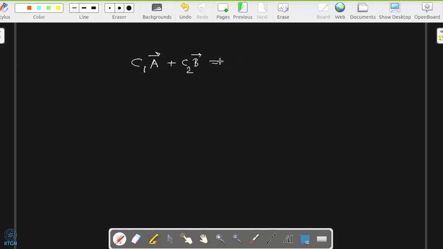If this is 0 for C1 and C2 non-zero scalars, then we can say that vector A and vector B are linearly dependent.